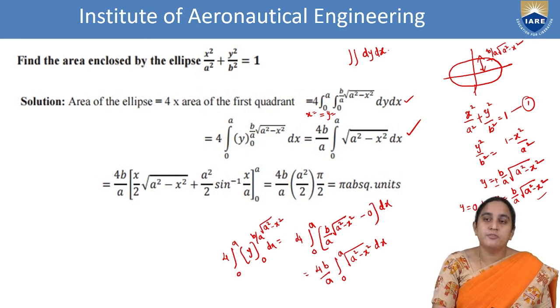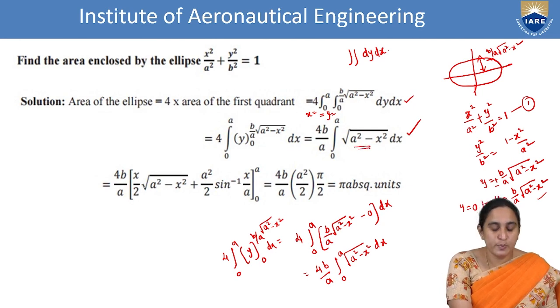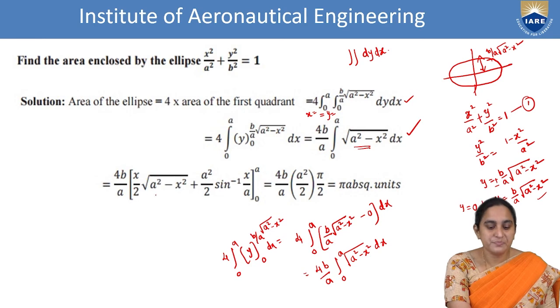With 4b by a outside, the formula of root a square minus x square is x by 2 into root a square minus x square plus a square by 2 into sine inverse of x by a. This is the formula for root a square minus x square.